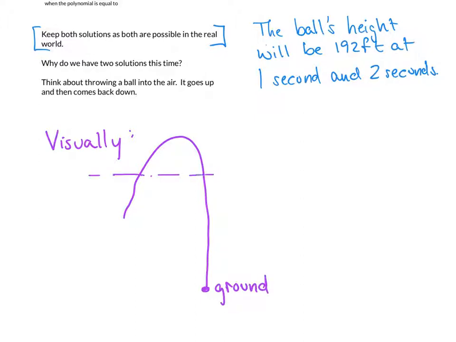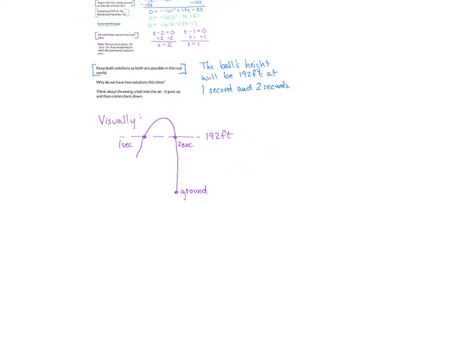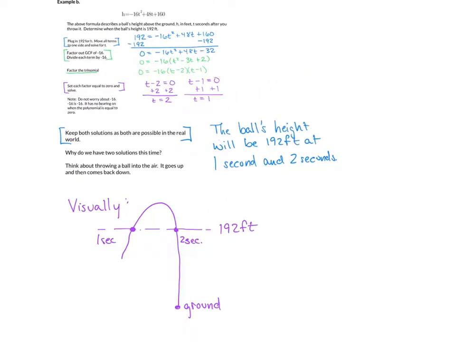For instance, if I was throwing a ball and I wanted to know when it hit 500 feet in the air, what's the chance that I can throw a ball 500 feet in the air? Not very good. So you can have two solutions, one solution, or no solution. Those are all the possibilities.